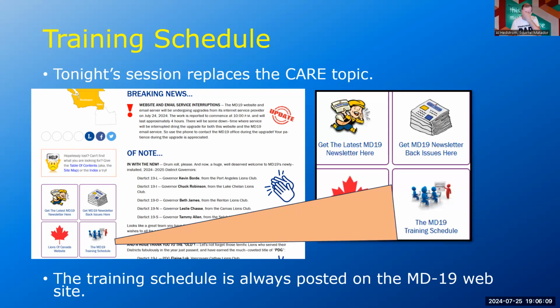It's always current, so don't hesitate to poke around there. This is a lot easier than sending a PDF to several hundred folks in an email distribution. That gets real clumsy and tiresome and so forth. So we've decided to post it on the MD19 website, and I do encourage you to take a look at that on a routine basis, just to be aware of what's going on.